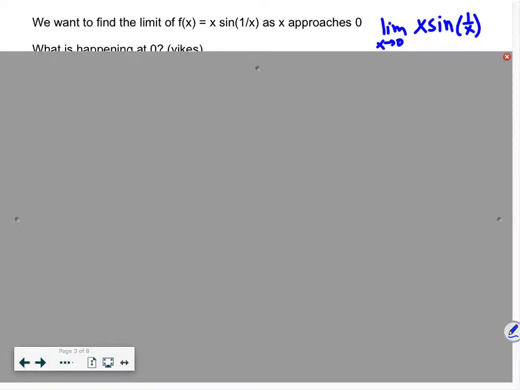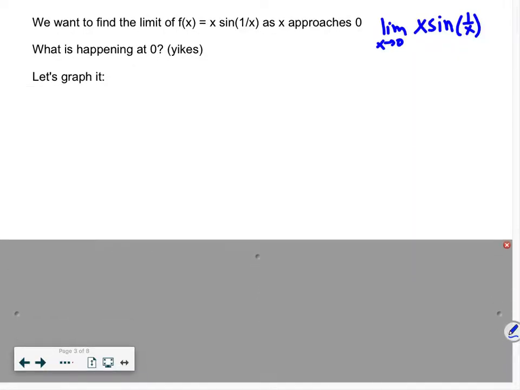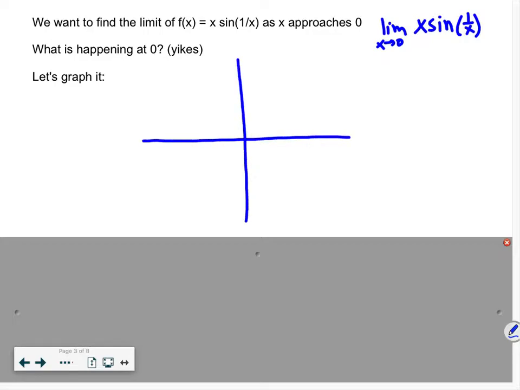We have a 0 in that denominator, right? Okay, we cannot analytically figure that out. Also, the graph looks like this. We get some little squiggles in there.